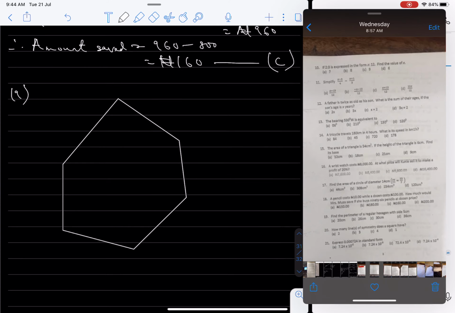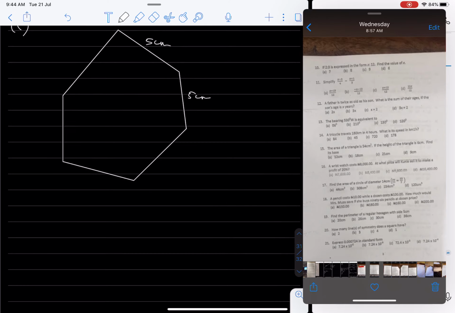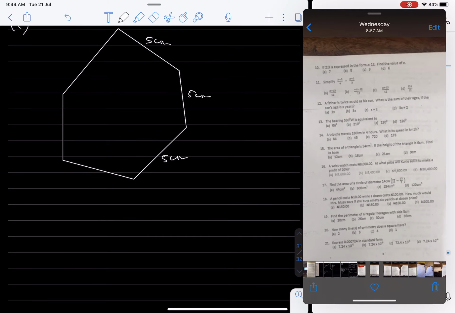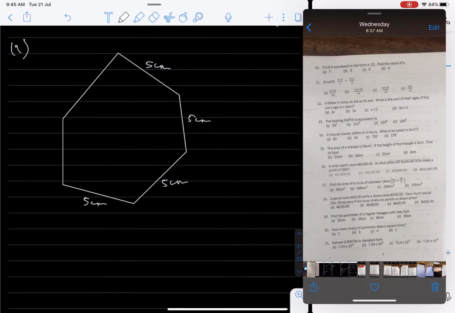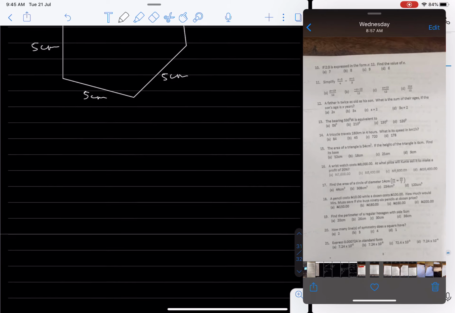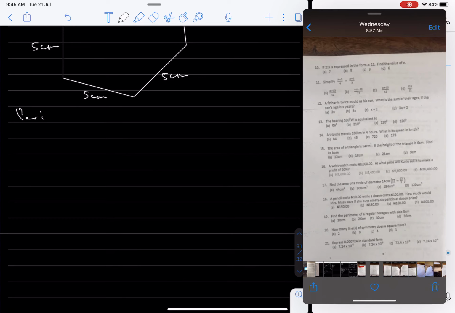So if each length is 5 centimeters, perimeter is going to be the sum of all of those lengths, which is 5 times 6. Perimeter equals 6 times 5, which is 30 centimeters. That's just by adding all of the lengths together.